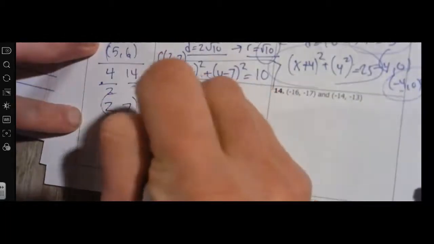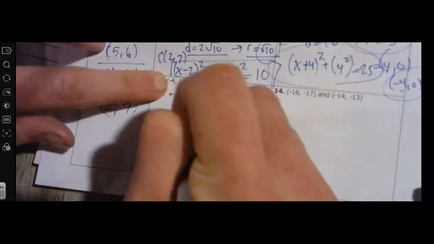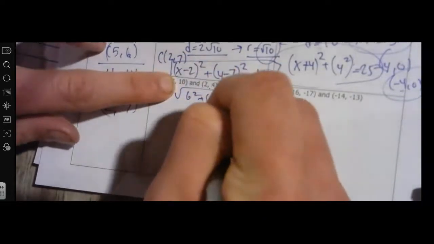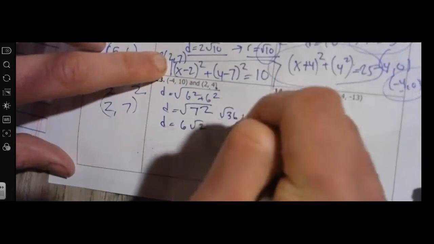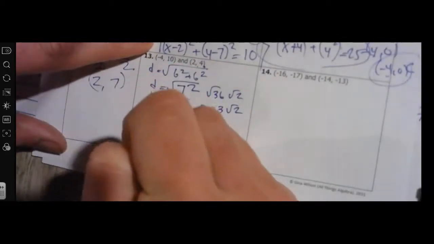Now on the bottom here, same thing, different numbers, different scenario. So what do we have? We have the distance all the way across. That's going to be 6 squared plus 6 squared, so the distance equals the square root of 72. So the distance is equal to 6 root 2, in case you know, it's the square root of 36 times the square root of 2. So that means the radius is equal to 3 root 2. And therefore the midpoint, what's the midpoint? -4, 10, and 2 comma 4.